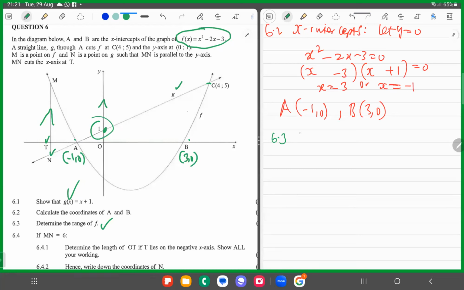And the equation of the function is x squared minus 2x minus 3, so the turning point x value is minus b over 2a, which is minus into minus 2 over 2, which is 1.